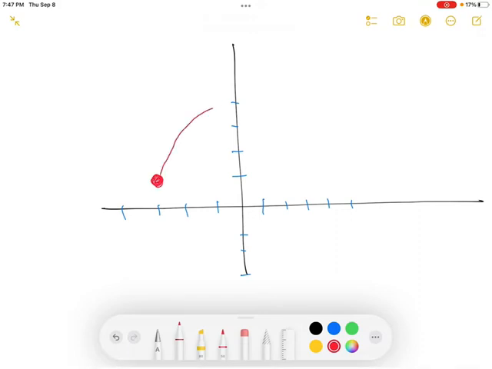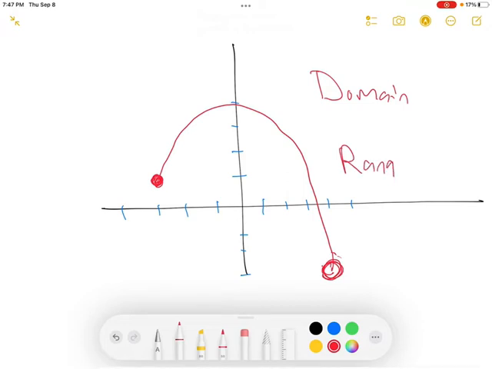It's going to go up here, and it's going to end right there. Okay, that's an open circle. So the question here is find the domain and the range.